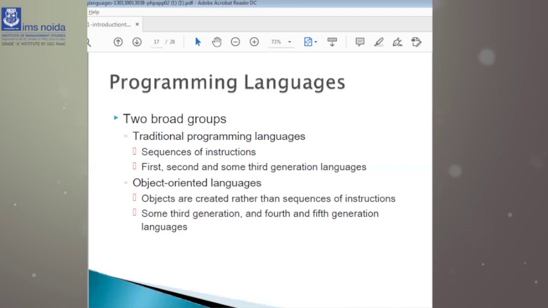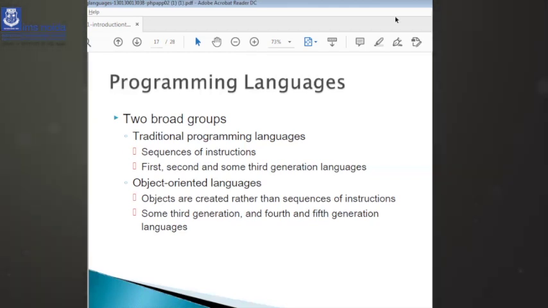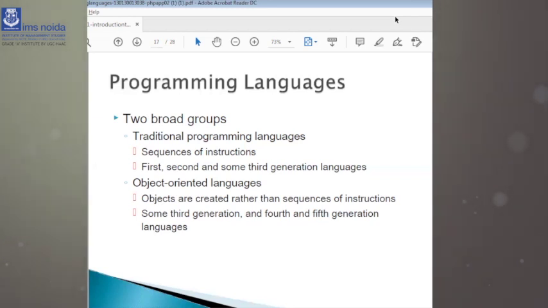But in object-oriented languages, you can do the same task with code in 4 to 5 lines. There are lots of libraries available in object-oriented language, where you can call a library and implement this code. So it's very simple in object-oriented language. But in traditional programming language, you have to write everything one by one and implement those things.